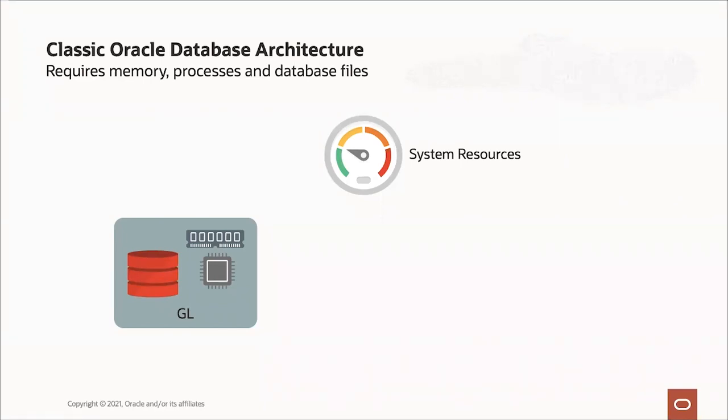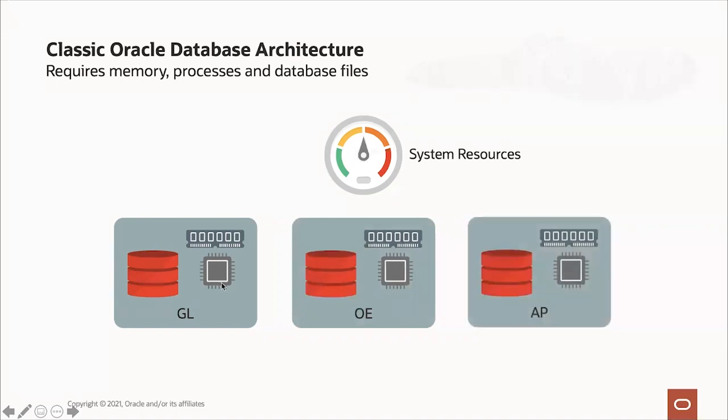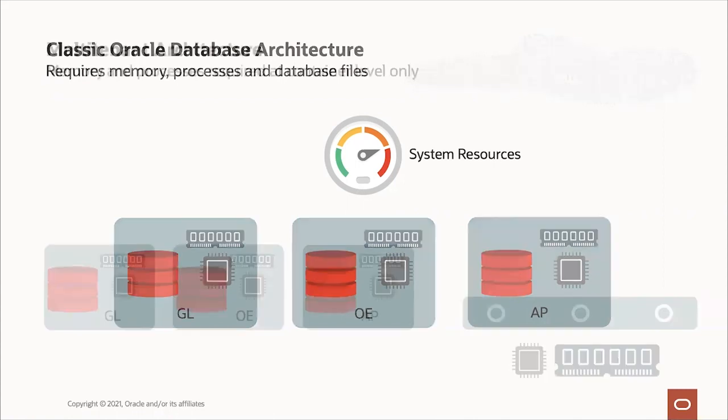And we've got a series of background processes that manage it all. And as you fire this up, you consume some of the resources of your system just for running the engine, if you like, before you've even carried any workload. And as you add more and more databases to your system, you can quickly overwhelm it just by running all this infrastructure before you've really even gotten around to running any workloads in there. So this is not a particularly efficient way of doing things.